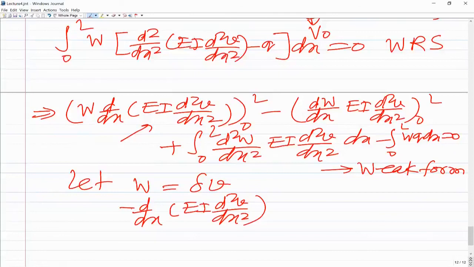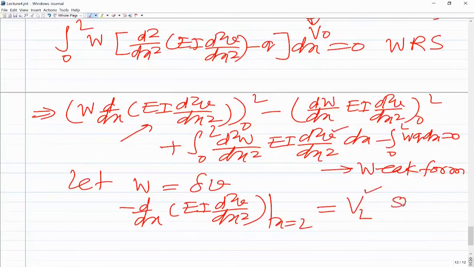If I don't use the minus sign, whatever you do is also correct; the only thing is the sign of those terms will be different. So at x equal to L, this is VL, capital V. Make sure you understand the difference between this small v, the deflection in the displacement along the y direction, and this shear force V.